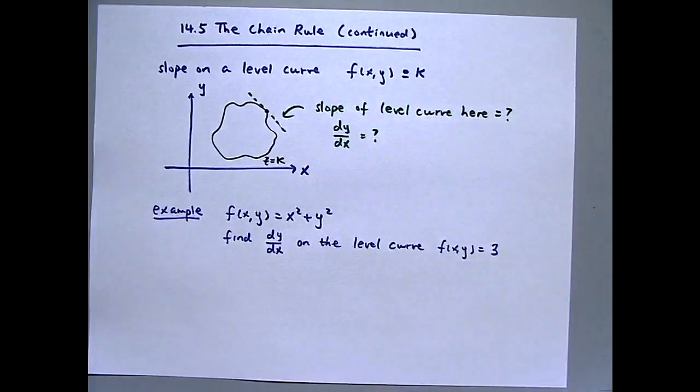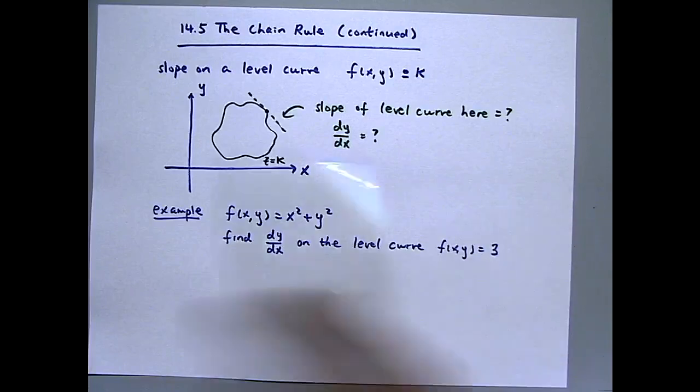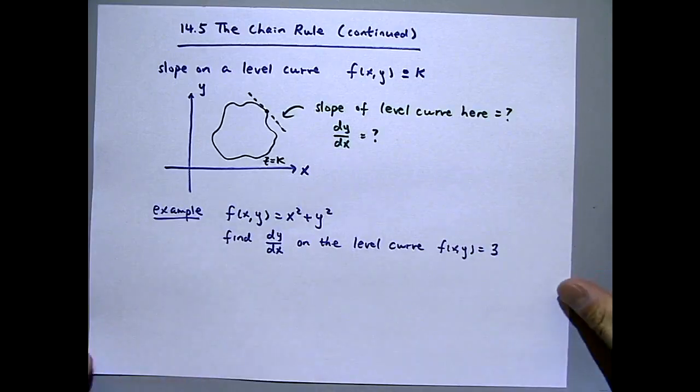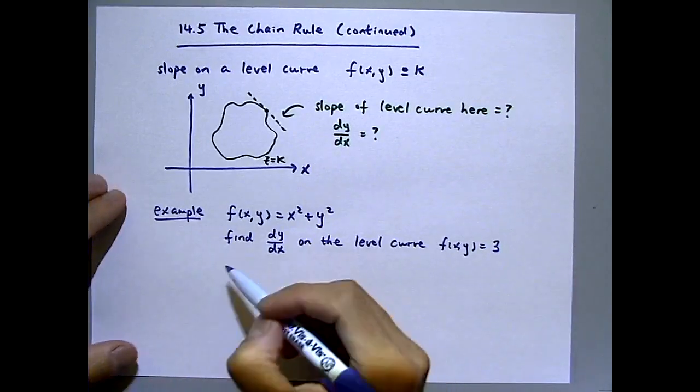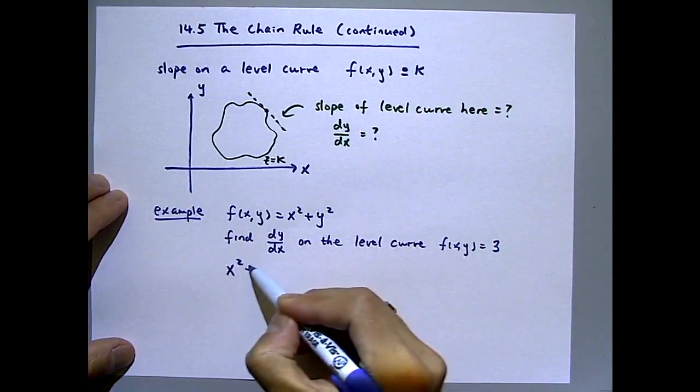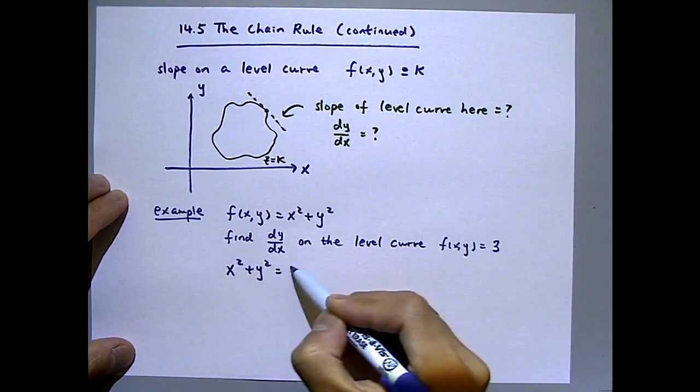So 3 is our constant k here. You set that to be a 3, then you have a level curve with no z, just x versus y. And that means we have this equation, x squared plus y squared is equal to 3.